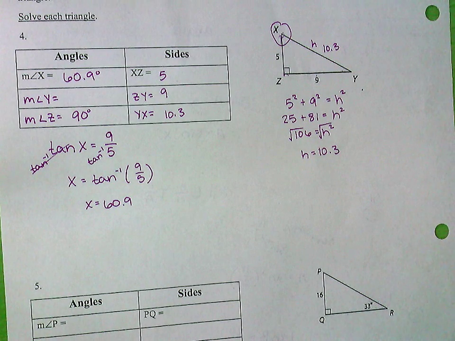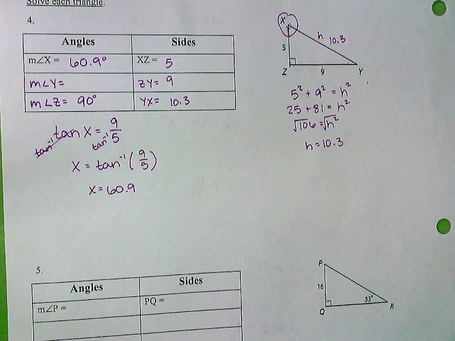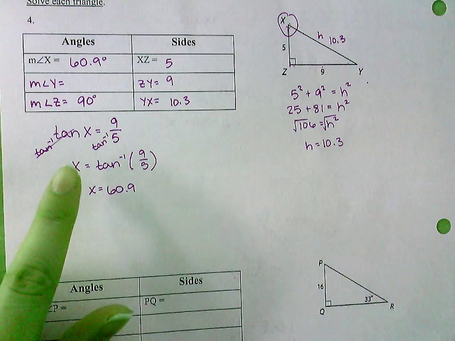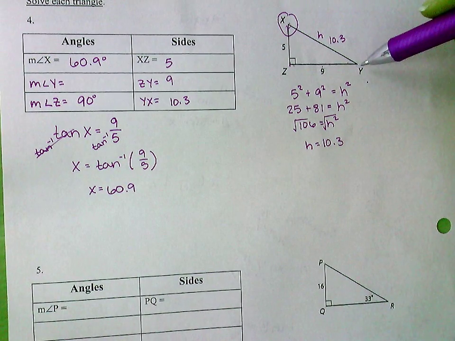Now, for angle y. So angle y, two ways. Two ways you can find angle y. First way, you can do the inverse again, but you're going to go from angle y this time.